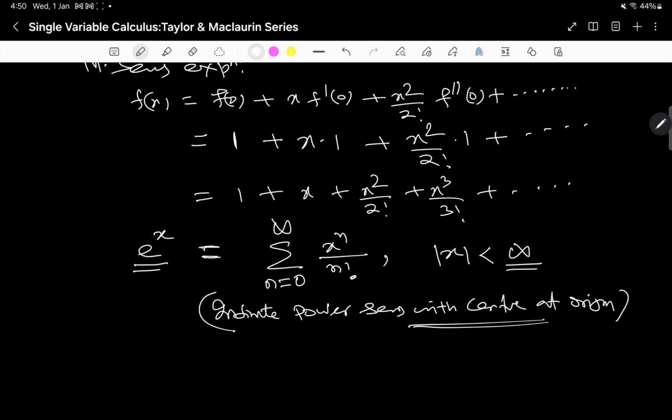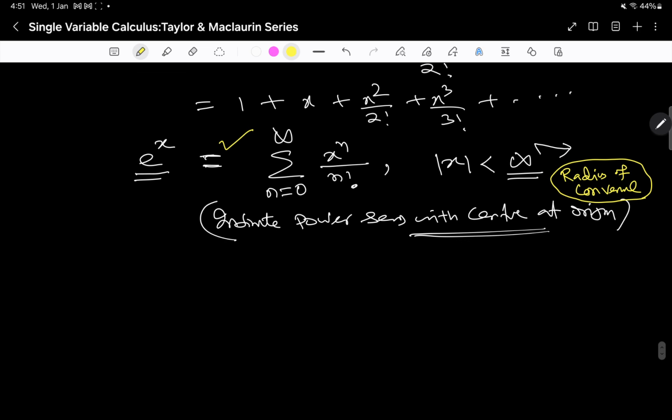This region is called the radius of convergence, means this equality sign will be valid here. This is exactly the same as e to the power x throughout, right?